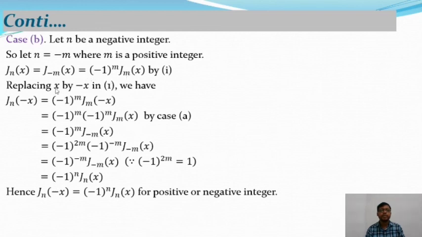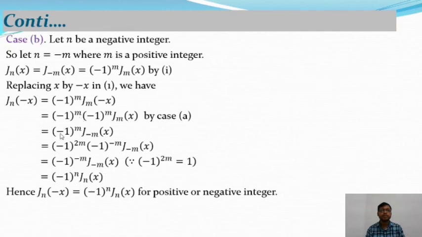So now replacing x by minus x in equation 1, we have Jn of minus x equal to minus 1 whole to the power m into Jm of minus x, where Jm of minus x is equal to minus 1 whole to the power m into Jm of x by case 1.